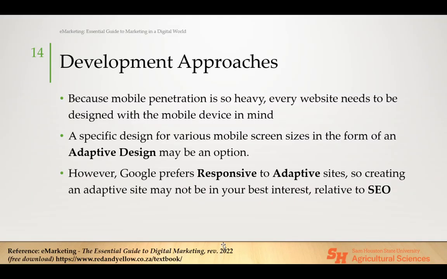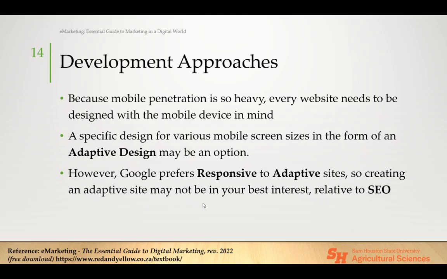Because mobile penetration is so heavy, every website needs to be designed with a mobile device in mind. A specific design for various mobile screen sizes, in the form of adaptive design, may be an option. They will have fixed layout sizes preset for the 6 most common screen widths.